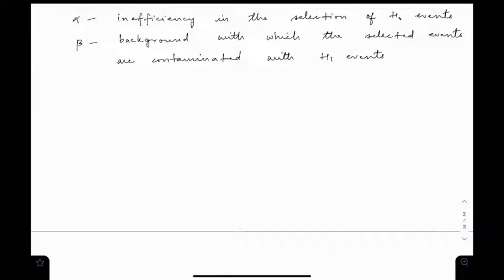Now, for a reasonable test, we expect that beta is monotonically decreasing with alpha increasing.